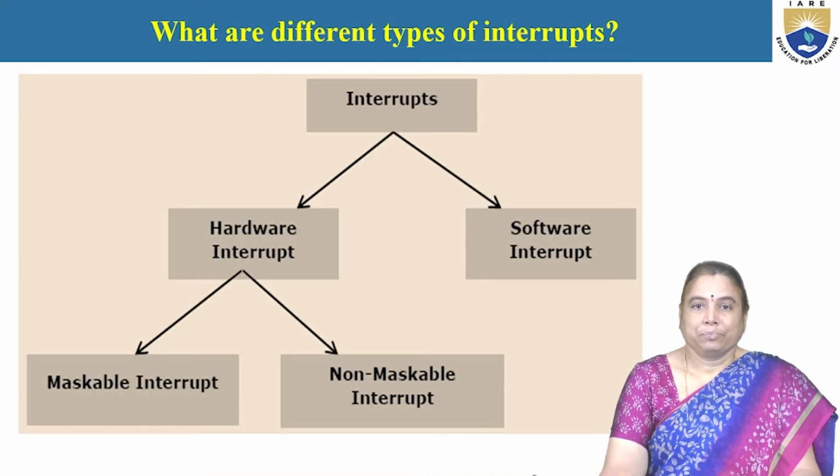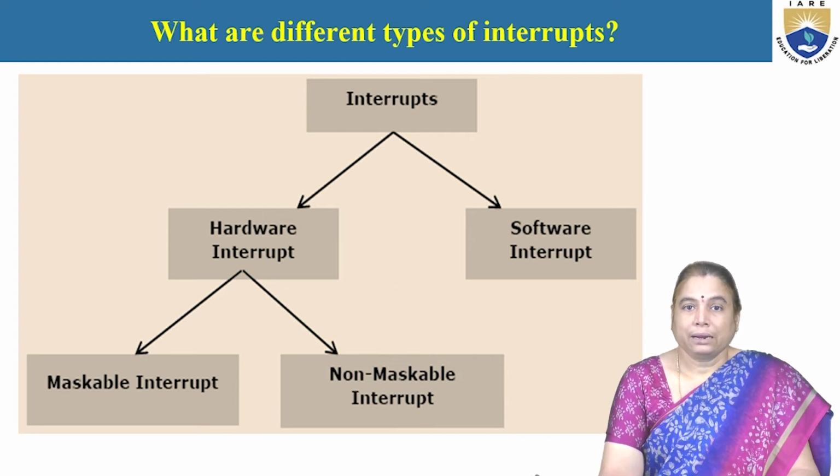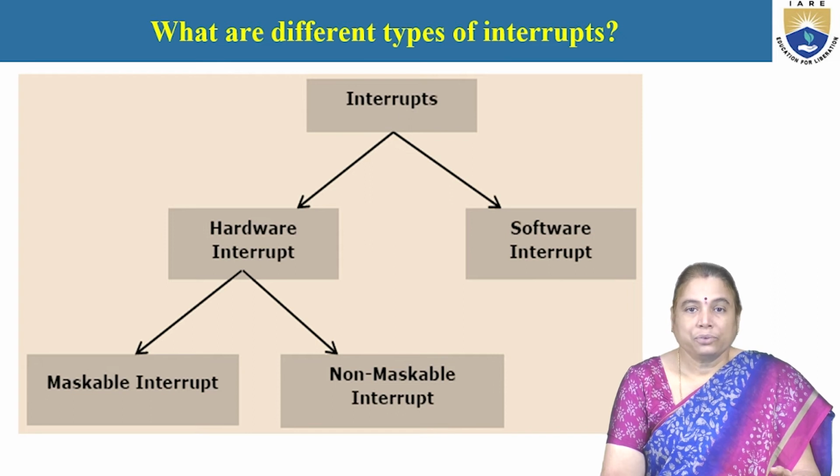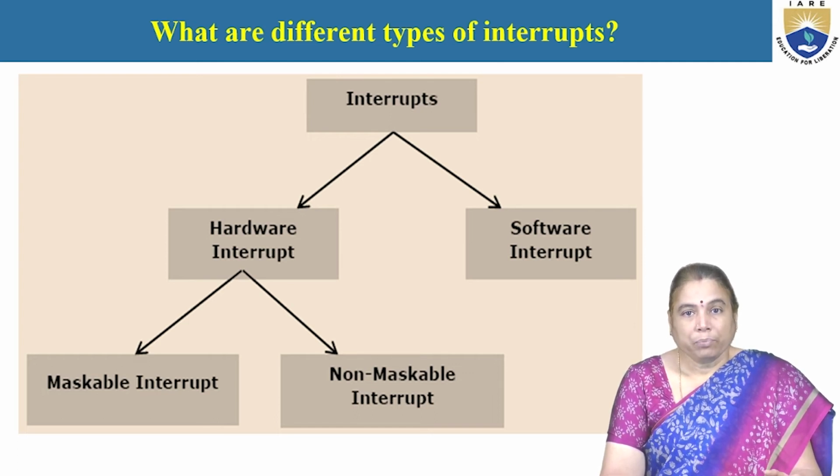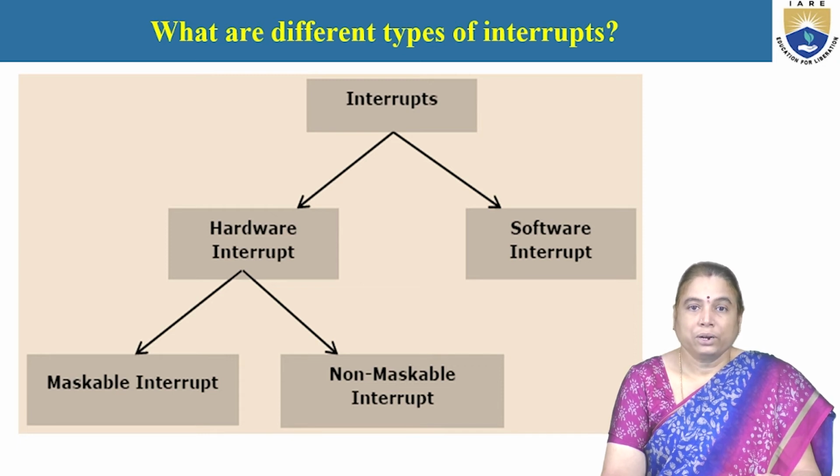What are different types of interrupts? So an interrupt is a signal that is raised whenever the CPU identifies the occurrence of an interrupt. It has to stop the current program execution. It can suspend the current program execution, and the program control is transferred to the interrupt service routine.